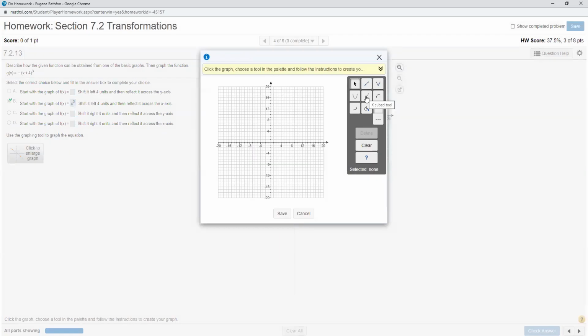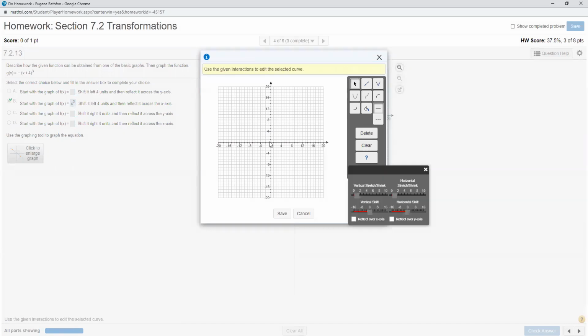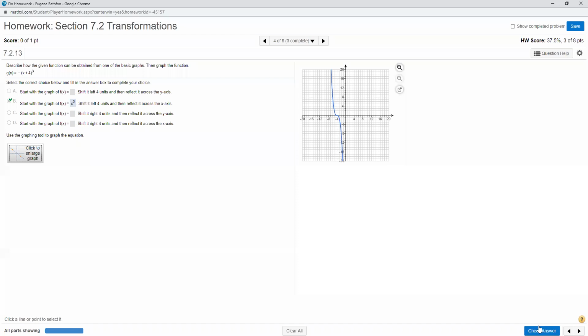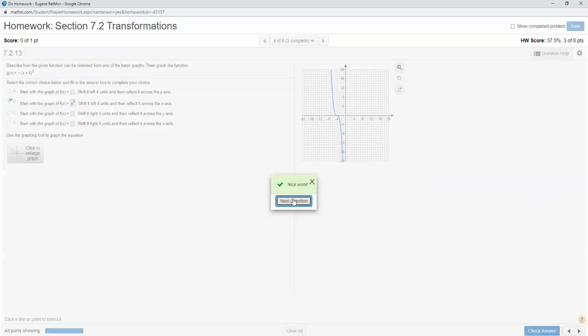But remember, I just click the tool, you can go right in the center on this one. It's going to draw the line. All we got to do is tell it to move. So since that was plus 4, I said it would move it 4 left on the horizontal. So 4 is -4, so see how it moved it? And then I reflected it, so I'm going to reflect it over the x-axis, save that, and then be done. Okay?